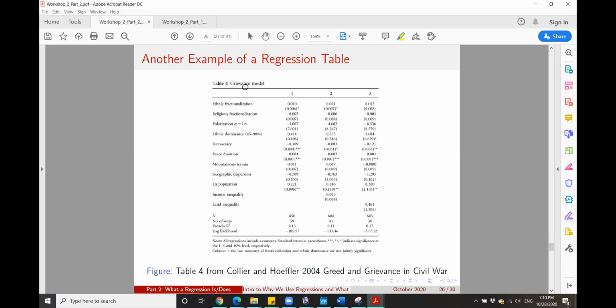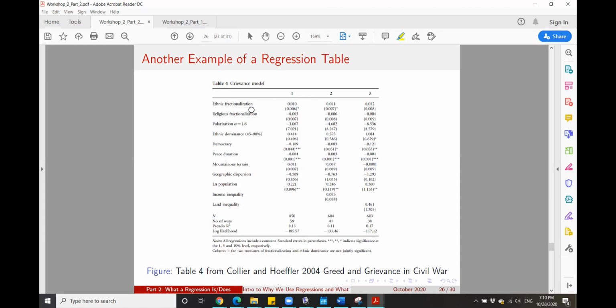Once again, you've got 1, 2, and 3 for your 3 different models. Here, they're looking at a lot of variables at once because this is a more exploratory, we want to see which of these variables actually matter kind of paper. So you can see, for example, this one doesn't have income and land inequality. This one just has income inequality. This one just has land inequality.